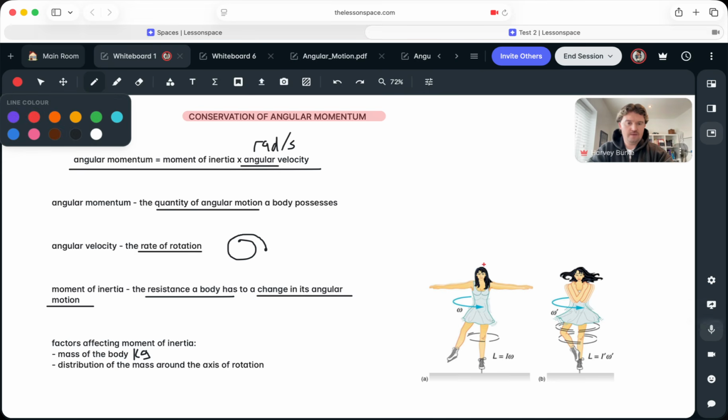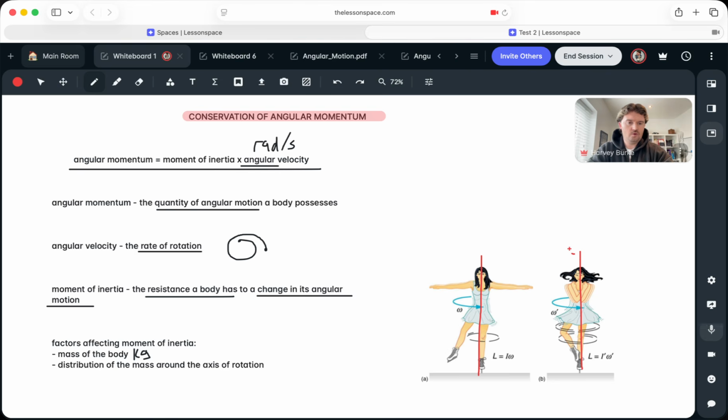And what we mean by that, let's say we're looking at this ice skater performing a pirouette. They'd be doing that around the longitudinal axis. And they can either distribute their mass further away from that axis of rotation, or they can distribute the mass closer to the axis of rotation.